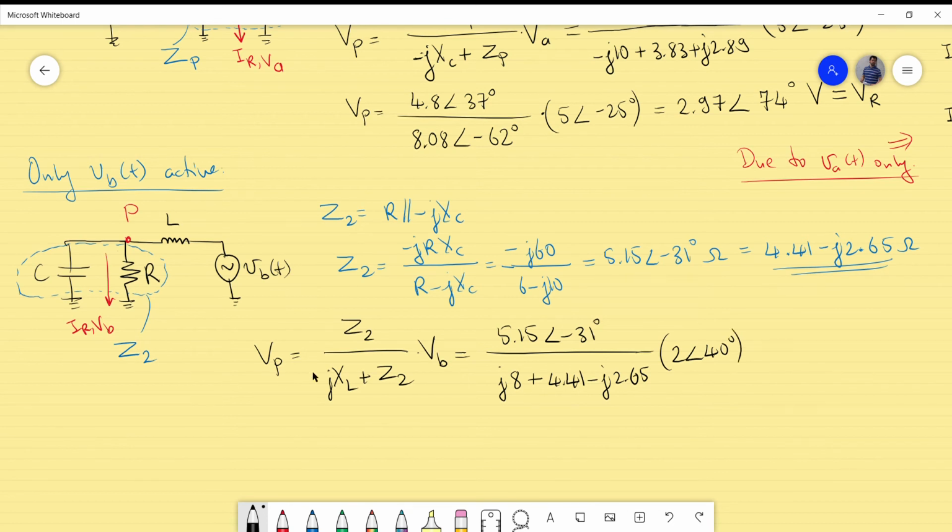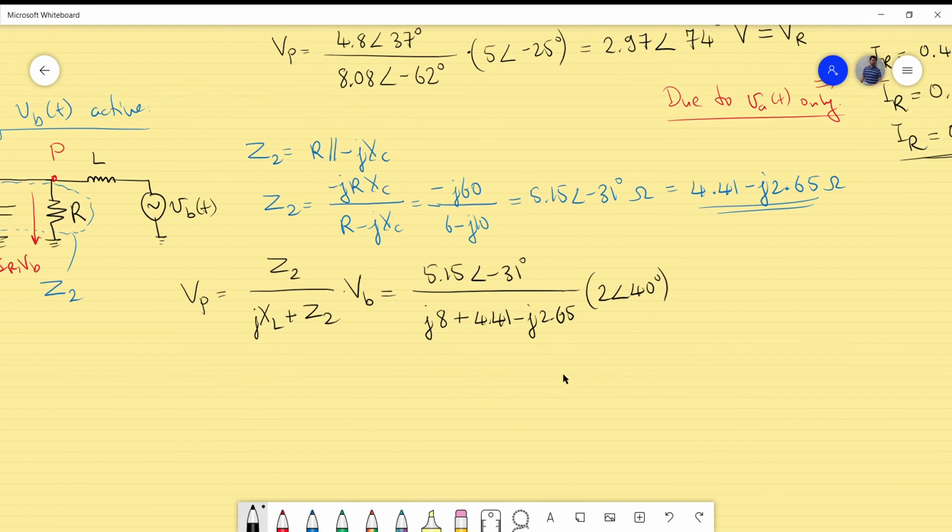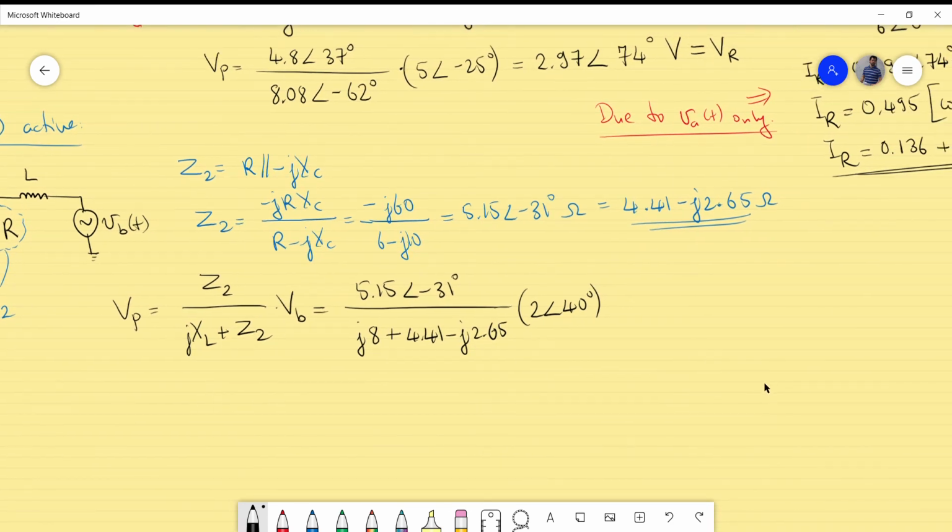Now again, we combine the real parts and the imaginary parts together, simplify this, convert to the polar representation, and divide everything out, and you will have your final result for your voltage VP. I will show that in additional steps. So 5.15 phase minus 31 degrees divided by, for this rectangular representation, a phasor representation in polar form of 6.93 phase 51 degrees, and then 2 phase 40 degrees.